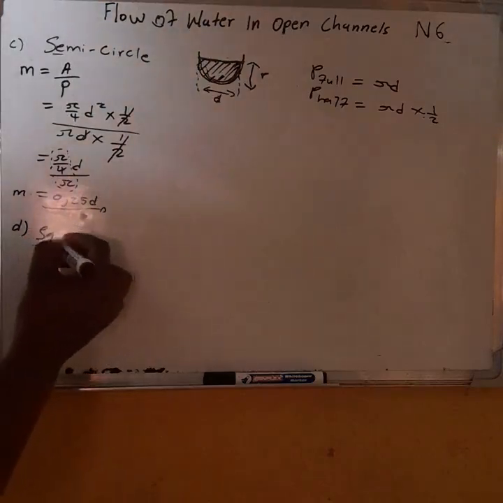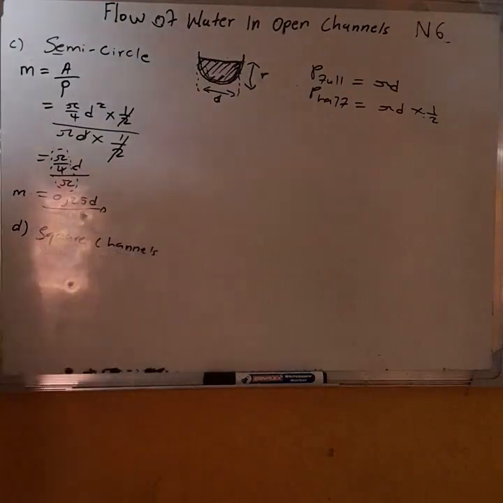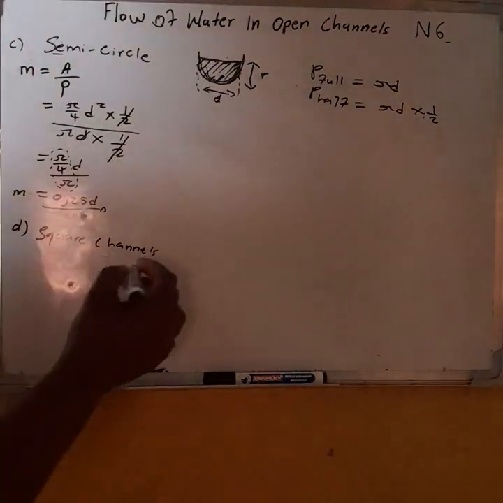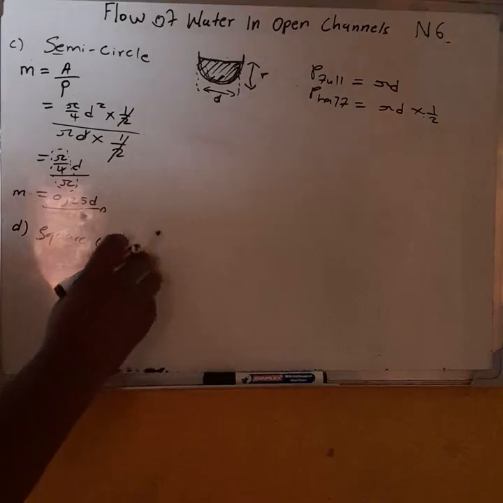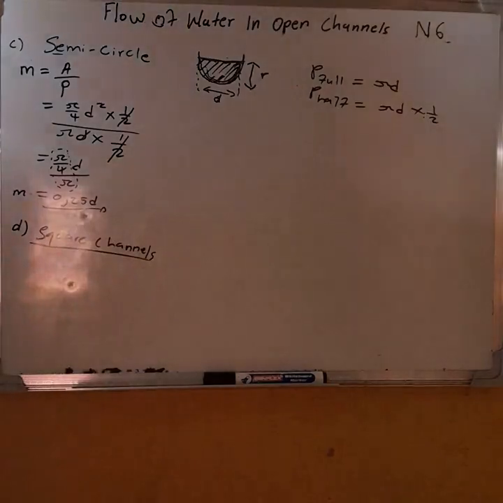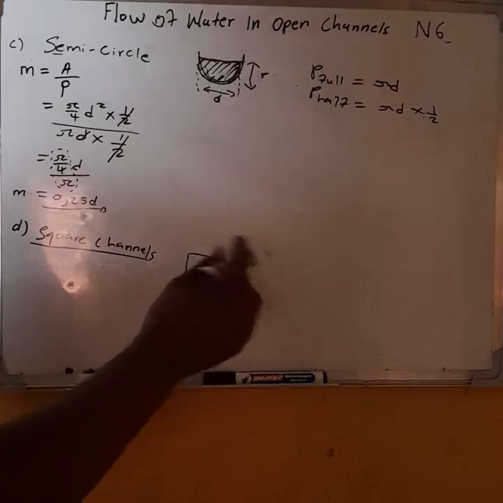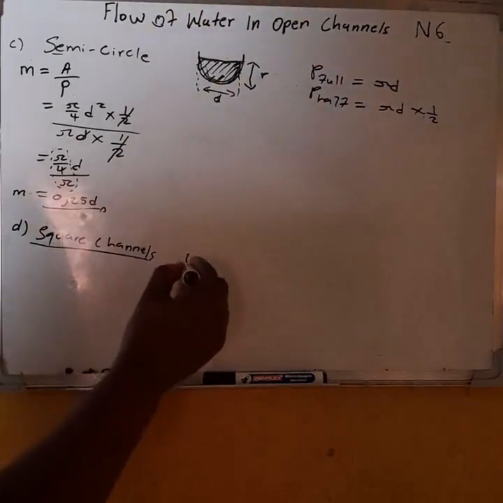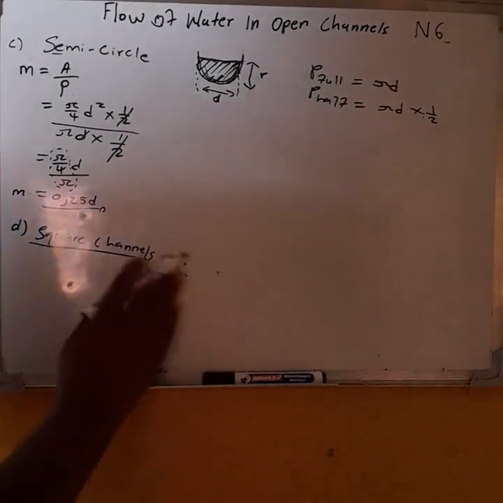One task again, let us check the square channel. We know that for a square, all sides are equal.